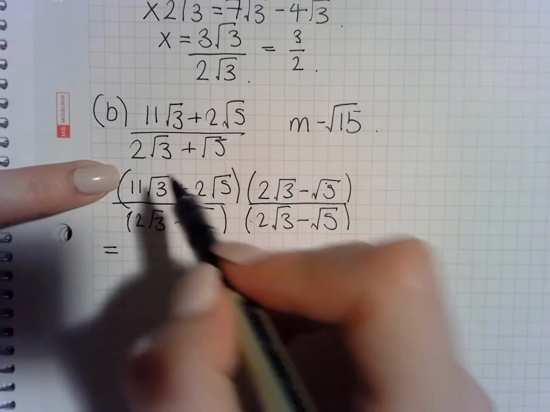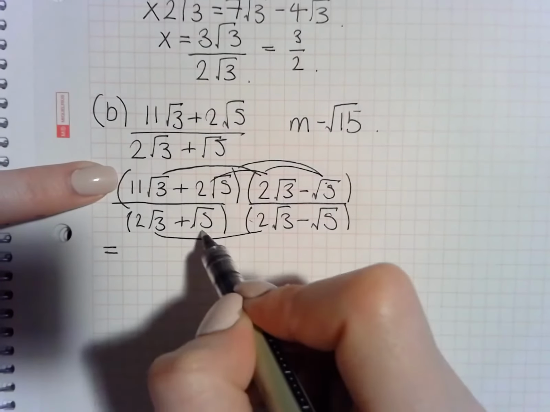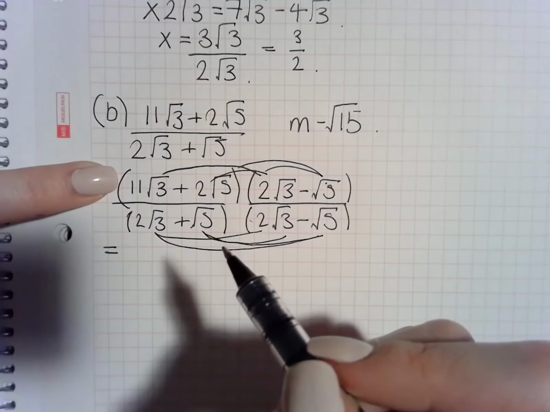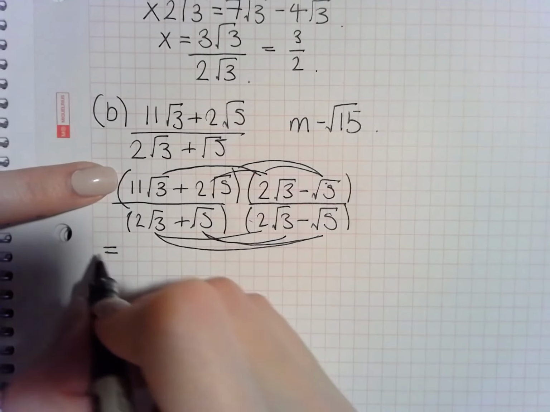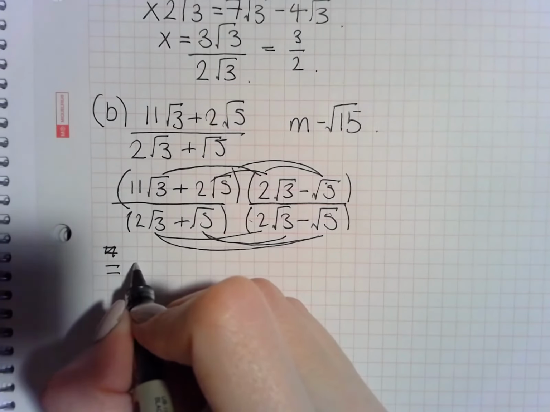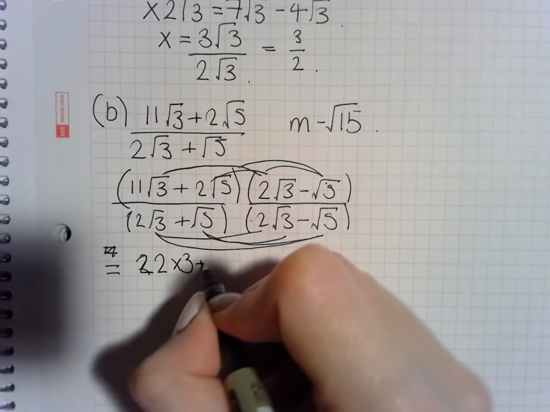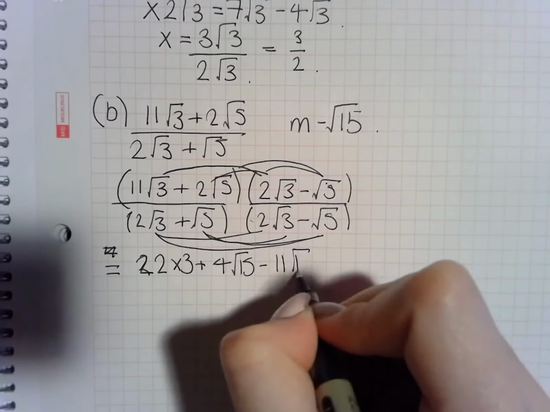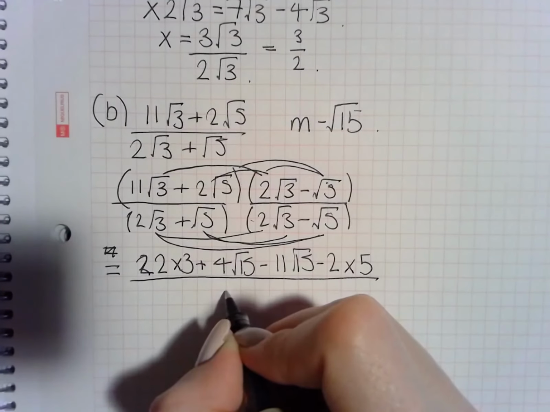So if we just do this really long-winded multiplying out, which I'm sure you're perfectly capable of, that will completely eliminate all the roots on the bottom, and that will give you 22 plus 4 root 15 minus 11 root 15 minus 2 times 5, and on the bottom you'll get 7.